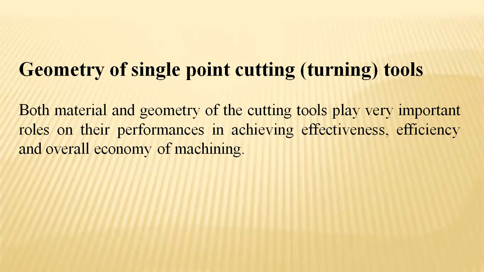Considering the geometry of the single point cutting tools, the best example taken is the turning machinery. So here, both the material and geometry of the cutting tools, these two play major roles for the performance, to achieve high efficiency and overall economy in the machining process.